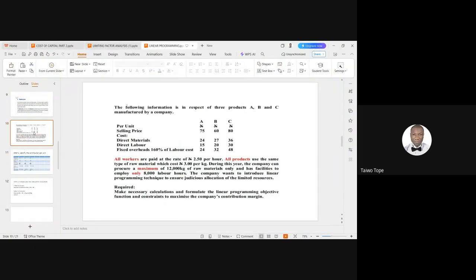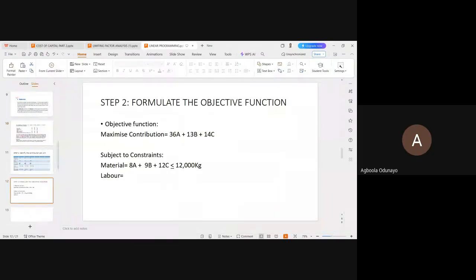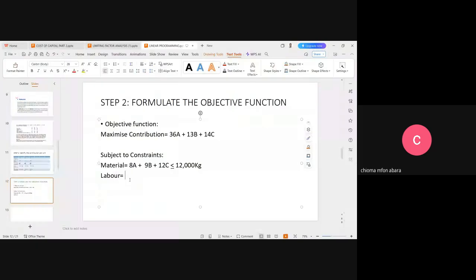So everything is subject to what? 8,000 hours. So we have 6A plus 8B plus 12C less than or equal to 8,000 hours.